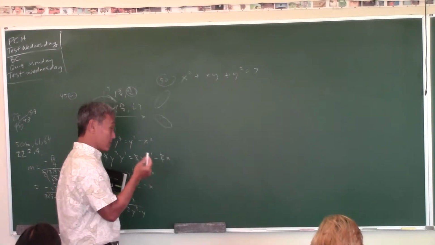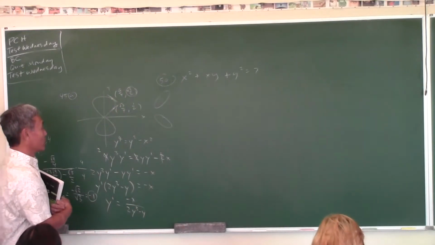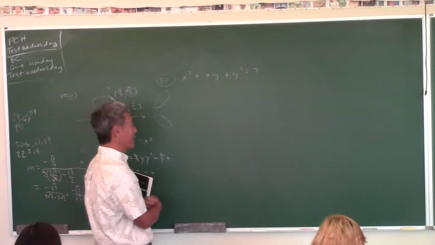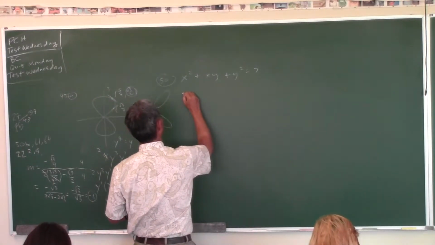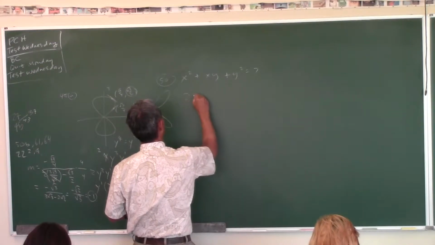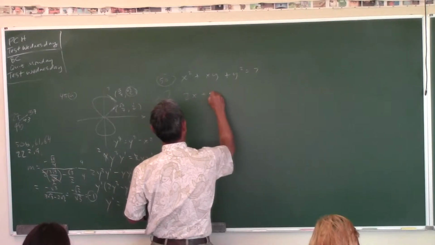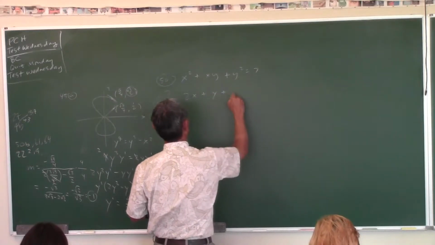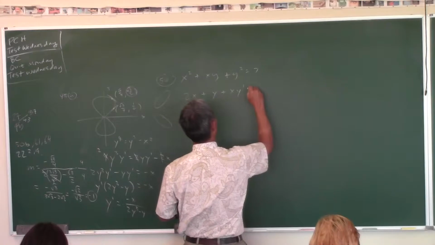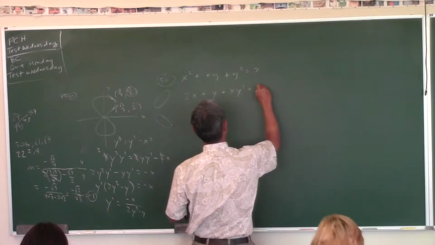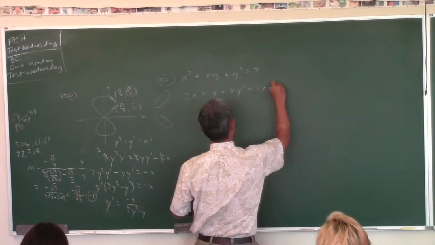Okay, the first step is to make sure you get the correct derivative. So, implicitly differentiate. 2x plus y plus x y prime plus 2y prime.